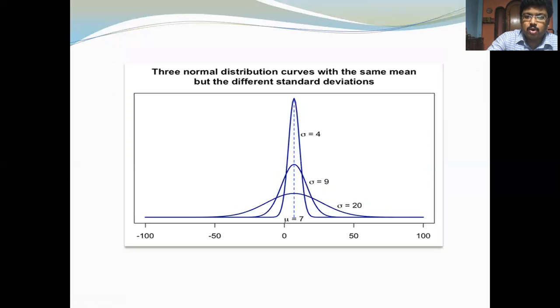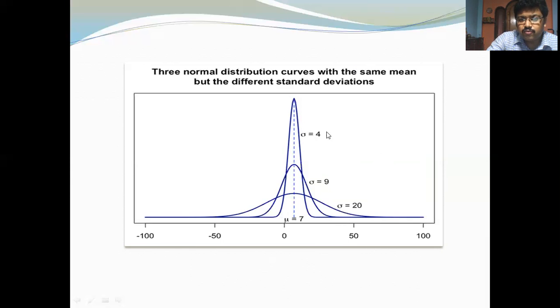Now, here are also three normal distribution curves, but here the mean is the same. The highest point on the normal curve is the same, that is, the mean is 7. But the standard deviation, that is the width of the probability density function, is different.